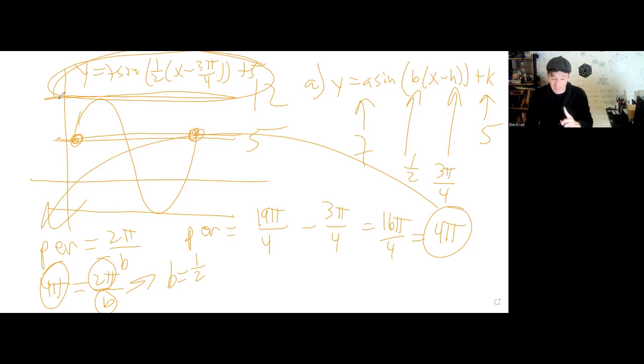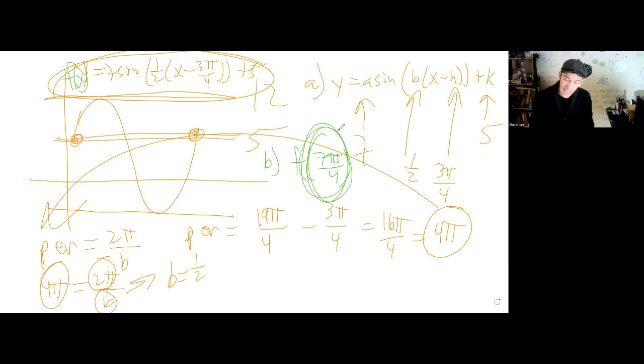Now, part B, I'll do this in a different color. Let's go green here. The goal is to find f of 79 pi over 4. And for part A, instead of calling it y, they wanted you to call it f of x. So for part B, all they want you to do is take 79 pi over 4 and plug it in for x right there.